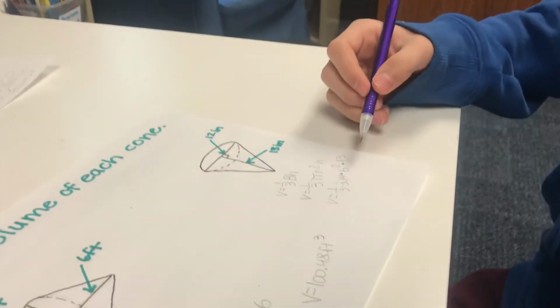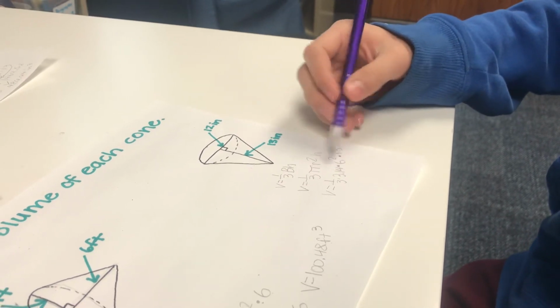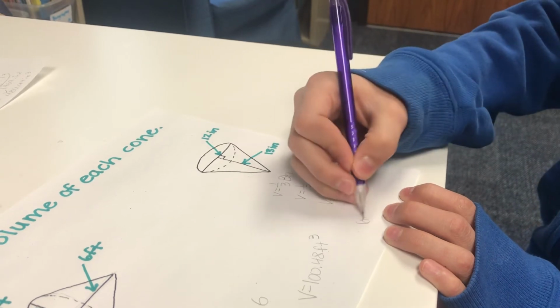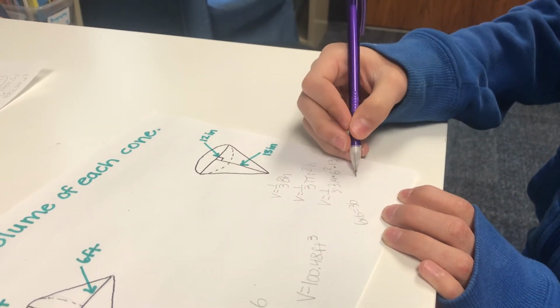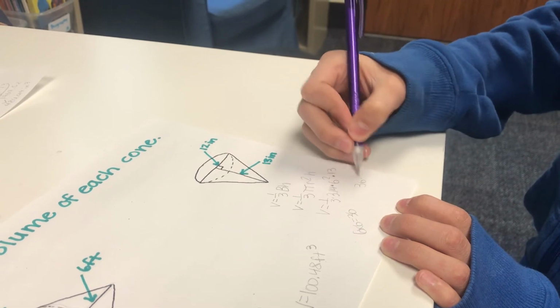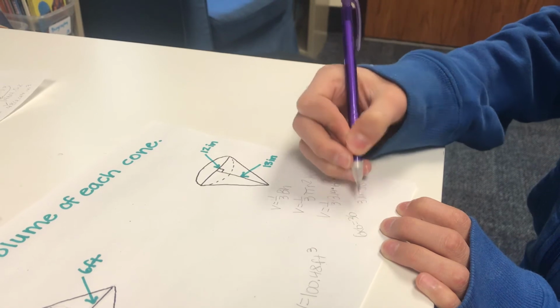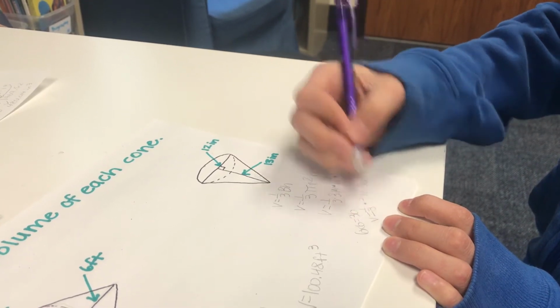Okay. Where are you going to start first on this one? Start with the exponents. So 6 times 6 equals 36. Good. I like that you did that on the side. Rewrite it. It gets tricky sometimes, right?